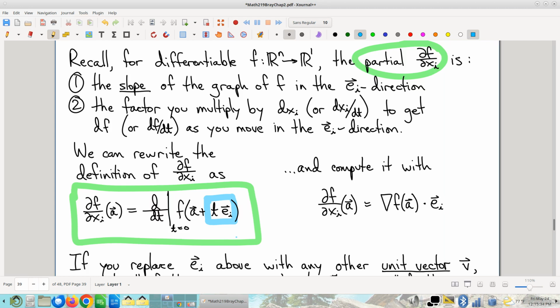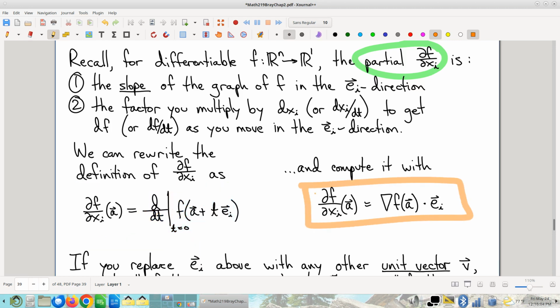All this expression at the moment when t equals 0 is just a fancy way of saying I'm at the point a and I'm moving in the e_i direction, and I'm interested in how fast the function is changing as I move in that direction. It's really just a rephrase of what a partial derivative is. And this over here is a rephrase of the chain rule, basically, as applied to this particular scenario.